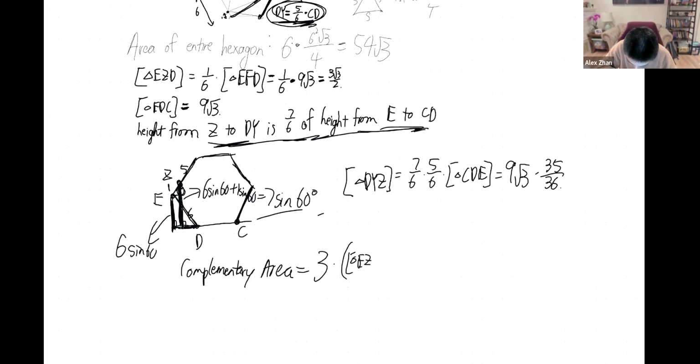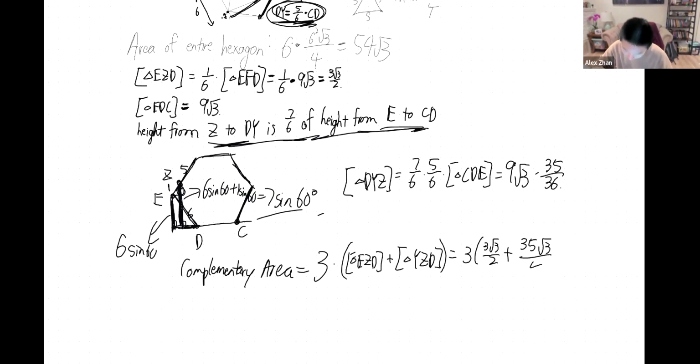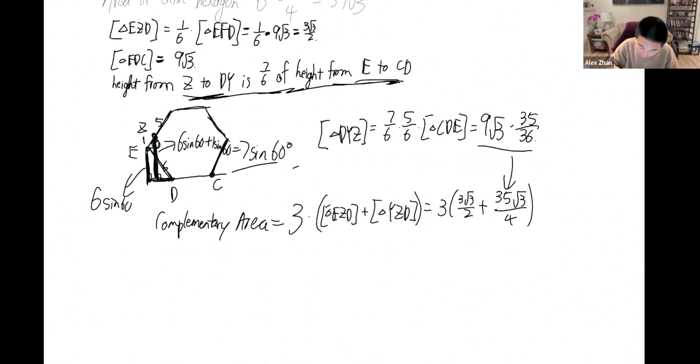That is 3 times 3√3 over 2 plus 35 root 3 over 4. This simplifies, and eventually, after we calculate this, we get 123 root 3 over 4.